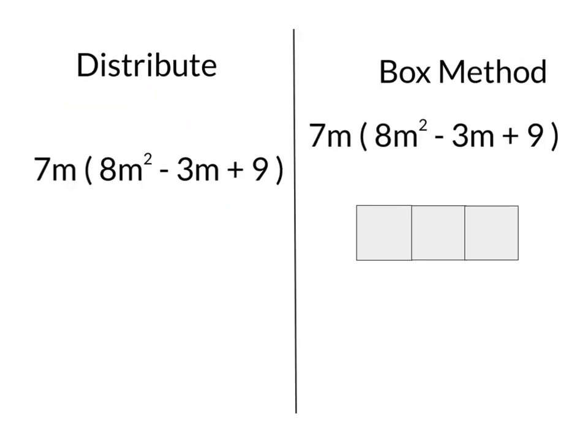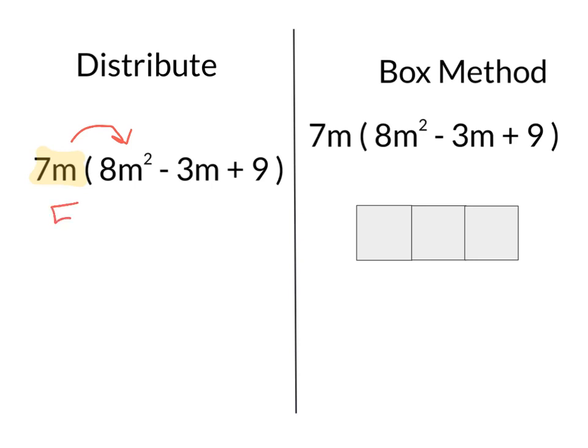All right, one more example. Okay, in our last example here, we have a monomial, meaning one value, times a trinomial, meaning three values. So I'm going to start with my problem here on the left. So I have my 7m, and it has to be distributed to all three pieces inside my trinomial. So I'll start with the first piece. 7m times 8m squared.